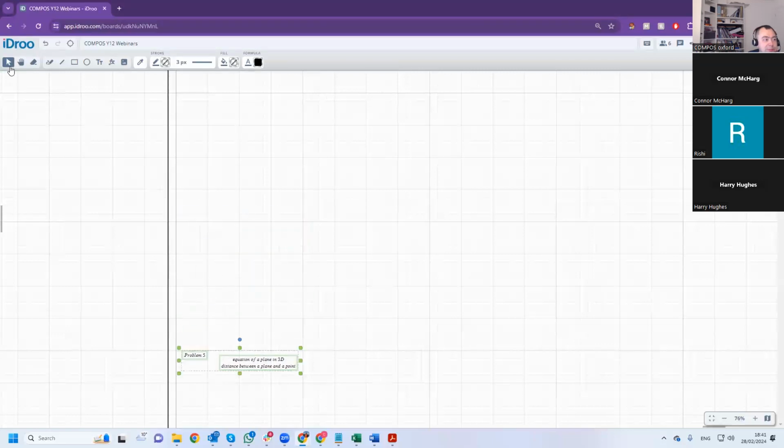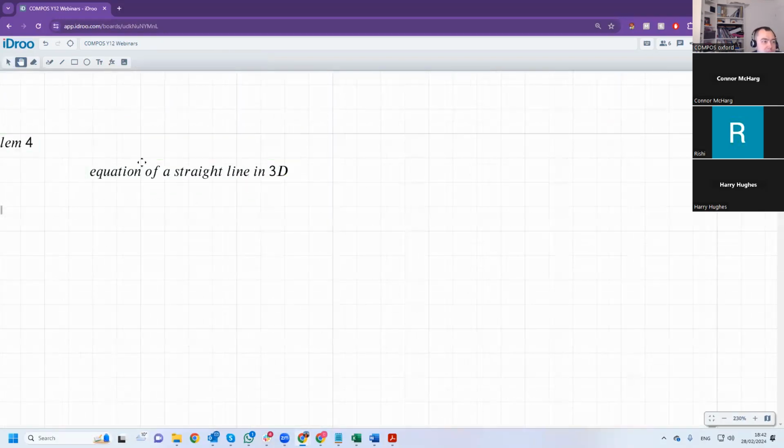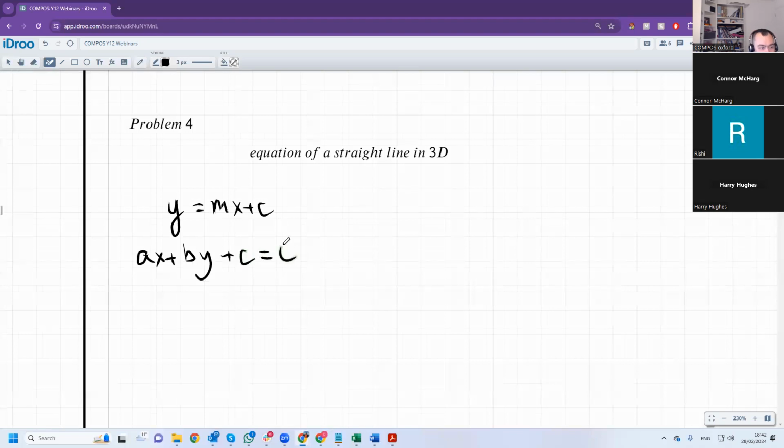Equation of a straight line in 3D. It's tempting to assume, because the equation of a straight line in 2D can be written as y = mx + c, and it can be rewritten as ax + by + c = 0.